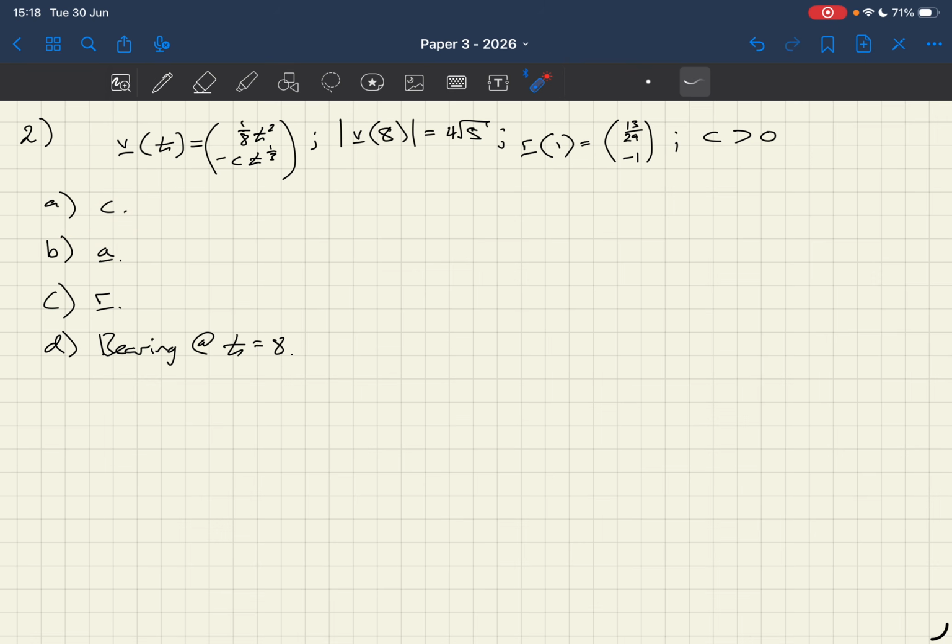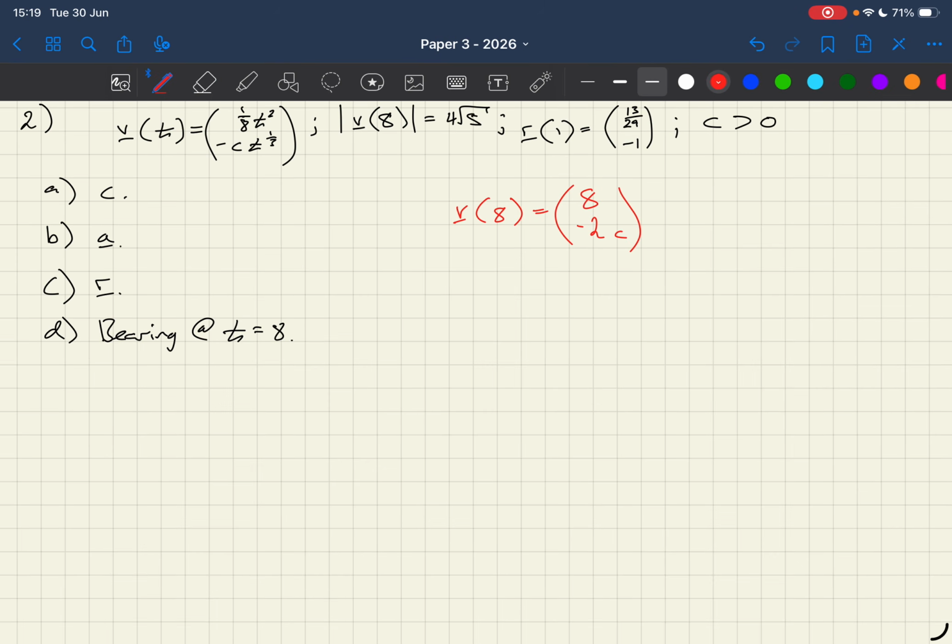Find c. So we have the velocity vector and we have the speed at time 8. So let's plug in when time is 8. What do we get? Top one, we're going to have 8 squared divided by 8, so it's just 8, yeah. And on the bottom, we have the cube root of 8, which is 2, and then times that negative c. So minus 2c. We want the speed of this thing.